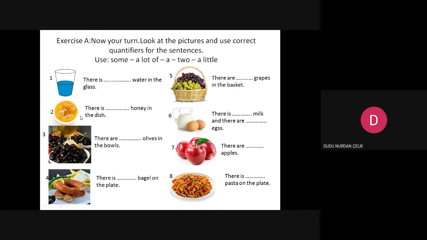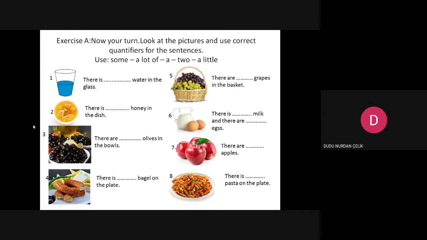Make guesses. I'm waiting for your answers here. Okay, the second one. Ready to hear the answer? Good. There is a lot of honey in the dish. You did it well. You're right.